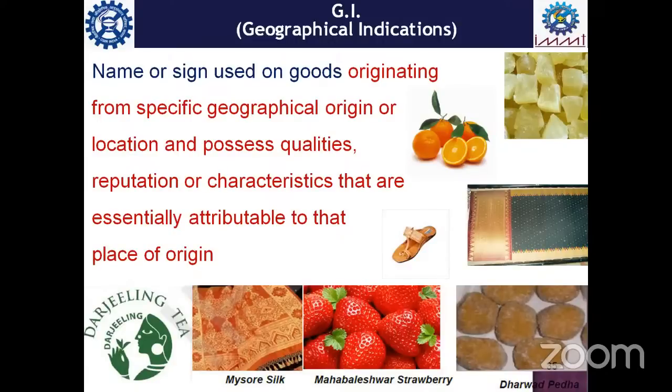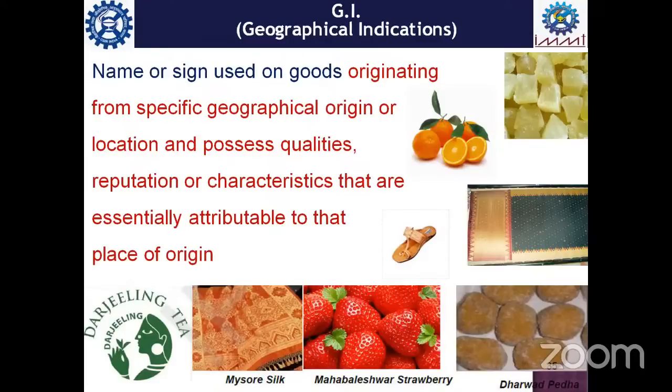So likewise, Mysore silk, Mahabaleshwar strawberry, Dharwad peda, Kolhapuri chappal, Kanchipuram pattu, Nagpur oranges, Agra petha. In India, there are more than 400 registered geographical indications as of today. If I have to give the exact numbers, maybe 428 or 38 if I am not wrong, but definitely more than 400. States like Tamil Nadu and Kerala have a large number of GIs in India.